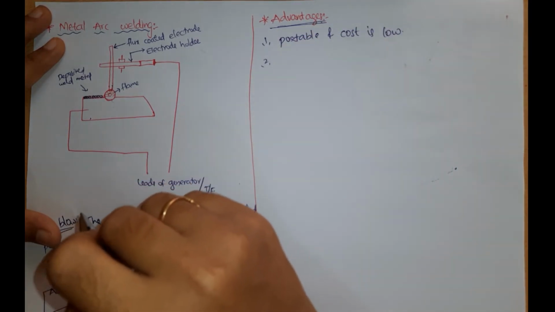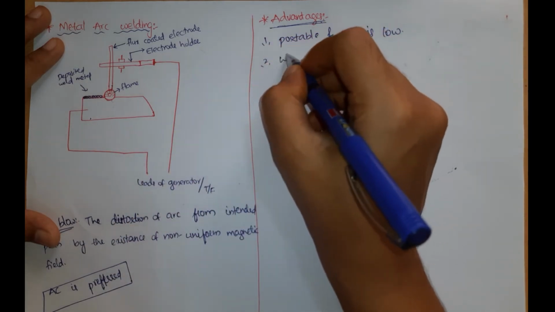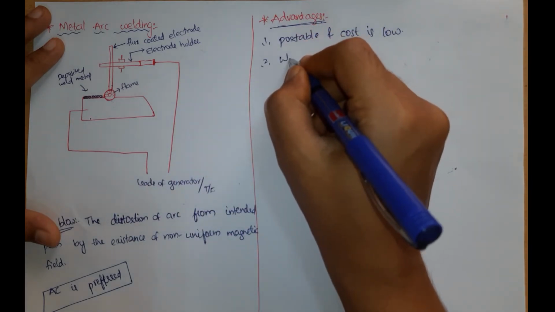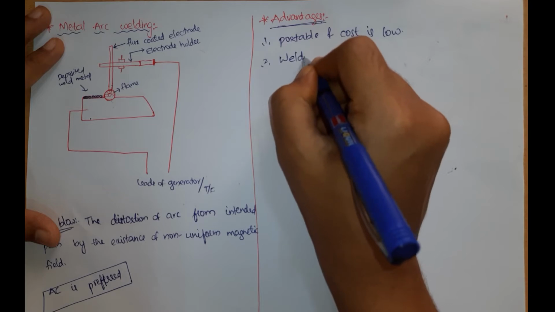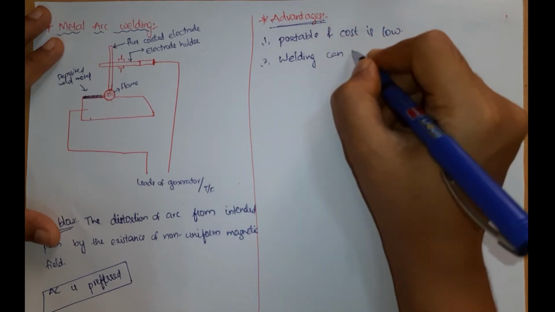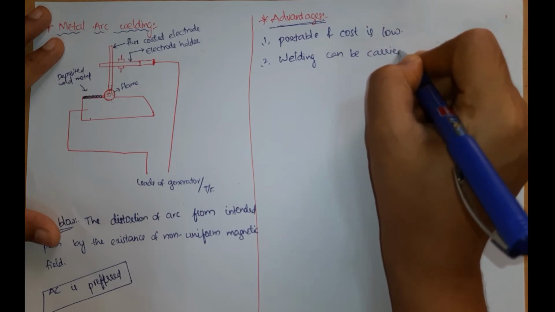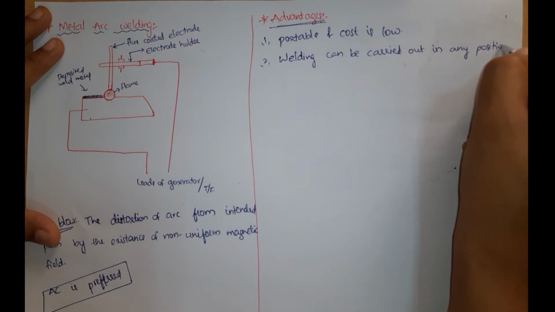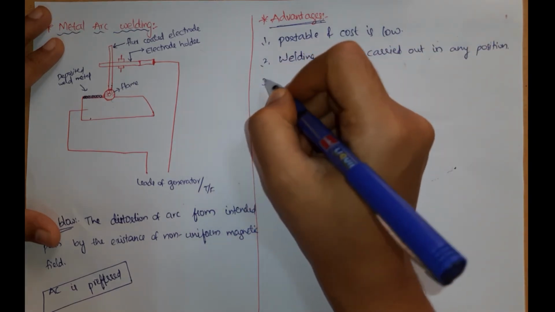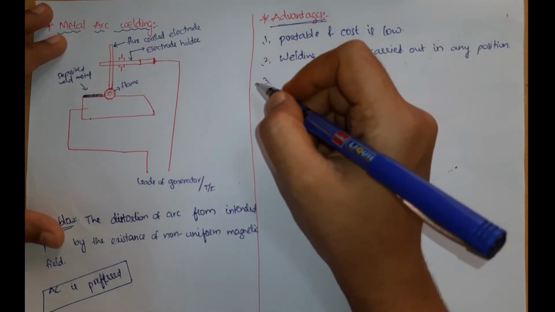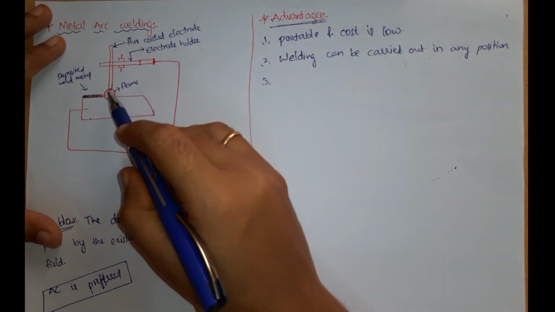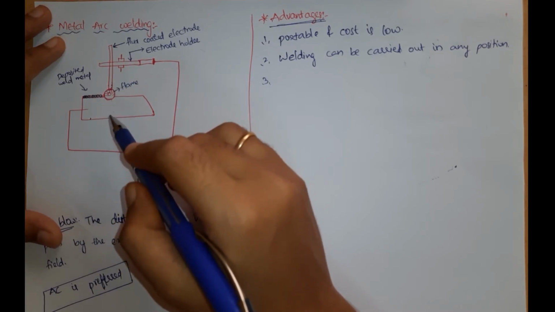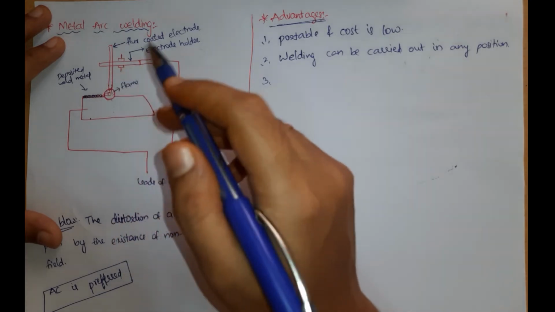Coming to the next advantage, welding can be carried out in any position, whether the metal piece is horizontal, vertical or diagonal, flat or at any position. This is one of the advantages. Coming to the next advantage, as the filler material is the metal to be welded itself, there is a wide variety of electrodes.